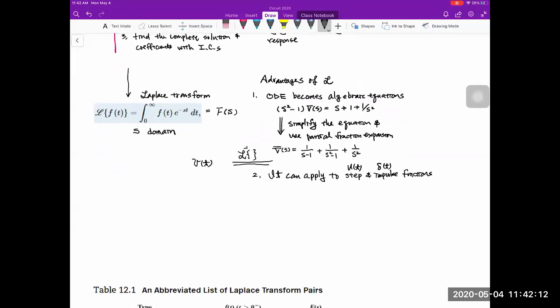So the third thing we talk about is that you can give the complete solution. It'll give you a complete solution. The complete solution includes the steady state response, plus the transient response.